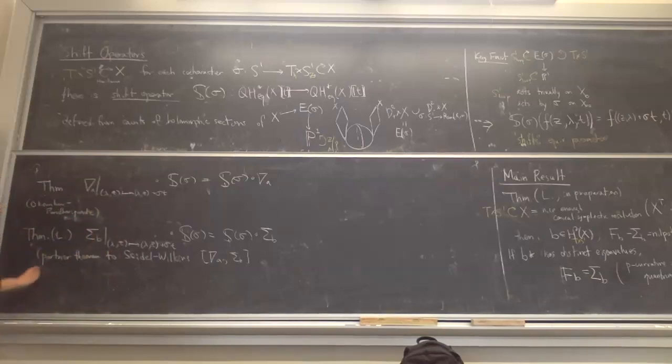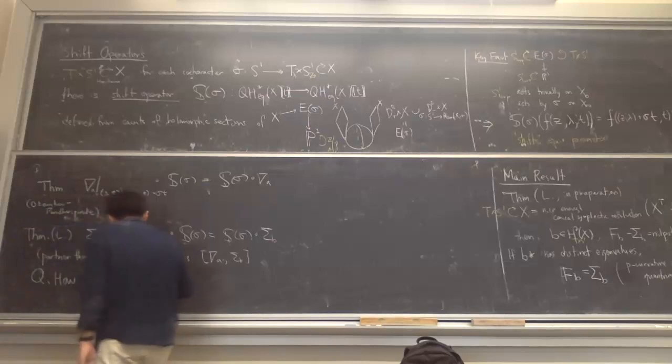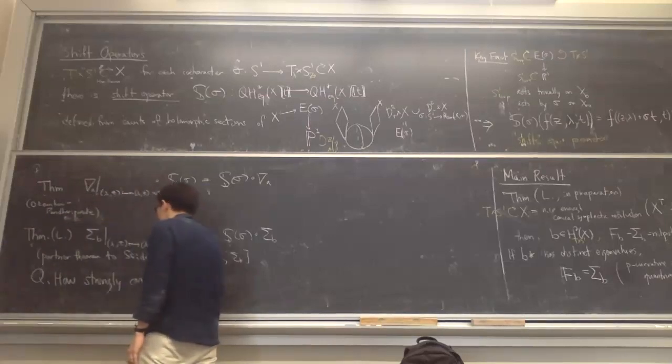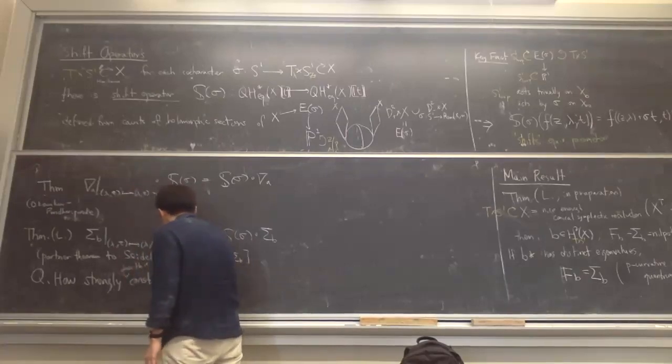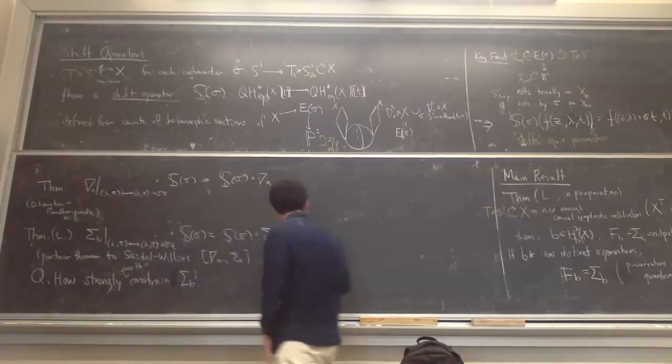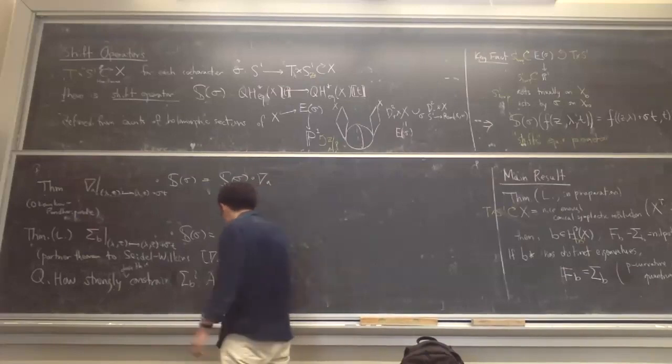So you can ask, okay, how strong is this as a constraint on the quantum Steenrod operations? How strongly does this constrain sigma b? And the answer, which is given by this theorem, is that it constrains a lot. So it almost essentially determines it.